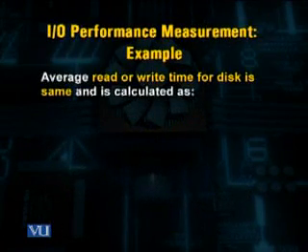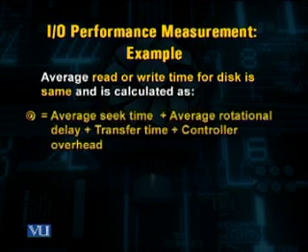With this data, we can calculate, first of all, the average read-write time for the disk. However, we must notice one thing, that the average read-write time of a disk is always equal, and it can be calculated as the sum of the average seek time, average rotational delay, the transfer time, and the controller overhead.